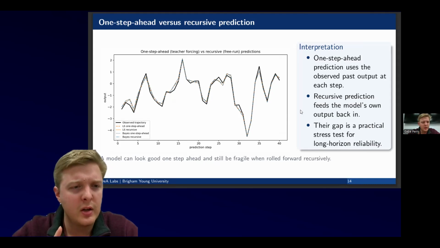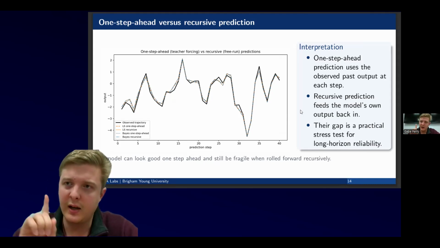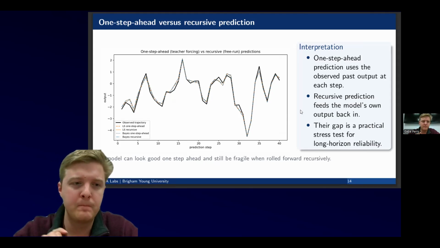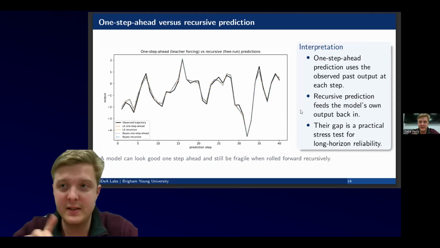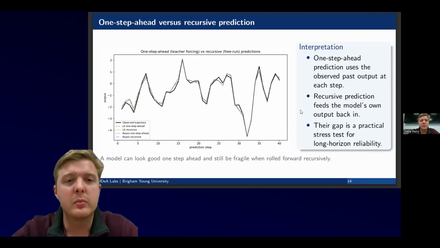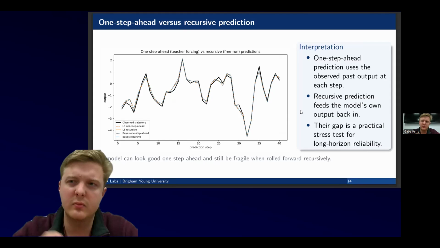So the orange curves are the point estimates, the one model that I learned from data. And the blue curves are going to be the Bayesian predictions. And the black curve is the true underlying system with noise.